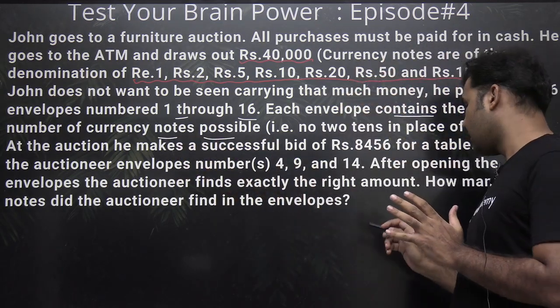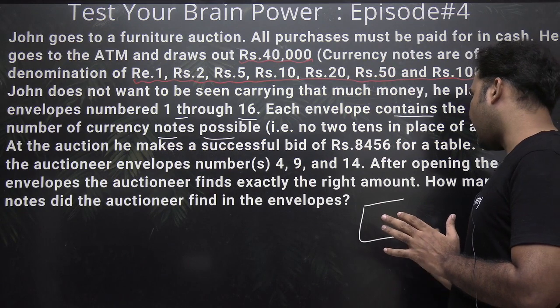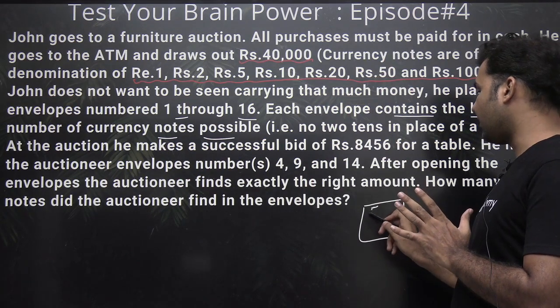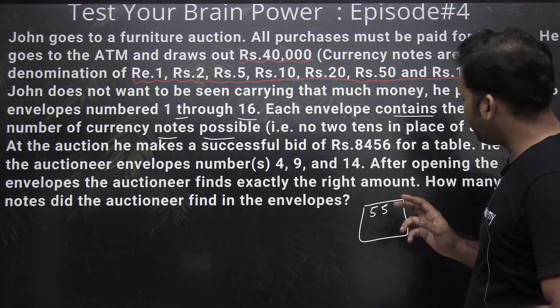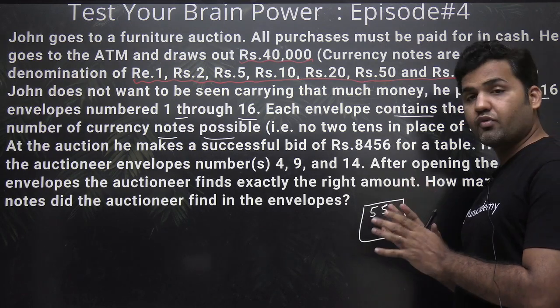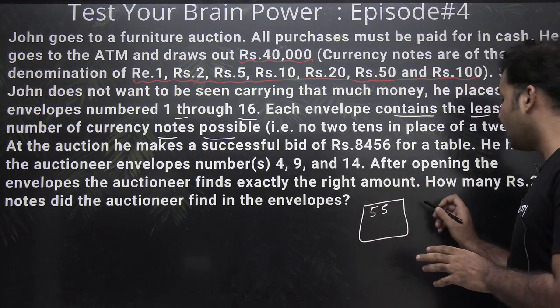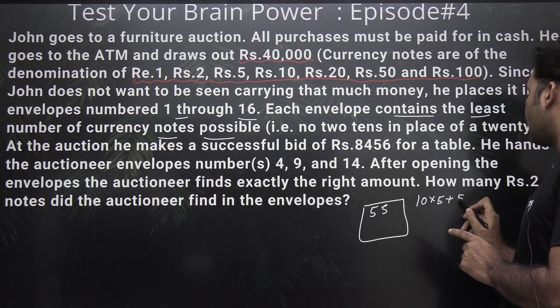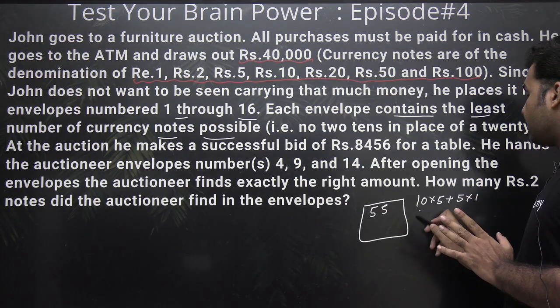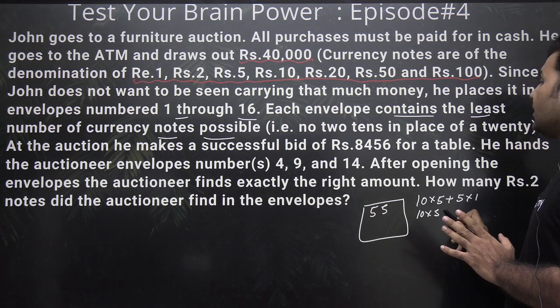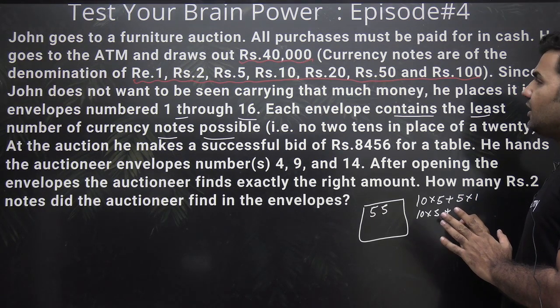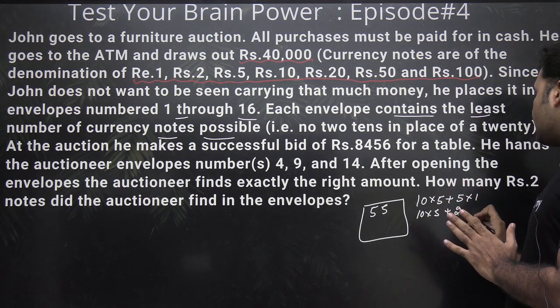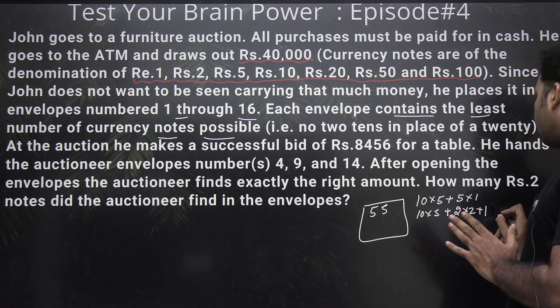For example, let's say there's an envelope and I want to put 55 rupees in it. There are a number of ways to put 55 rupees in it. Either I can put 5 notes of 10 and then 1 note of 5. I can also put 10 notes of 5 plus two notes of 2 rupees and 1 note of 1 rupee.